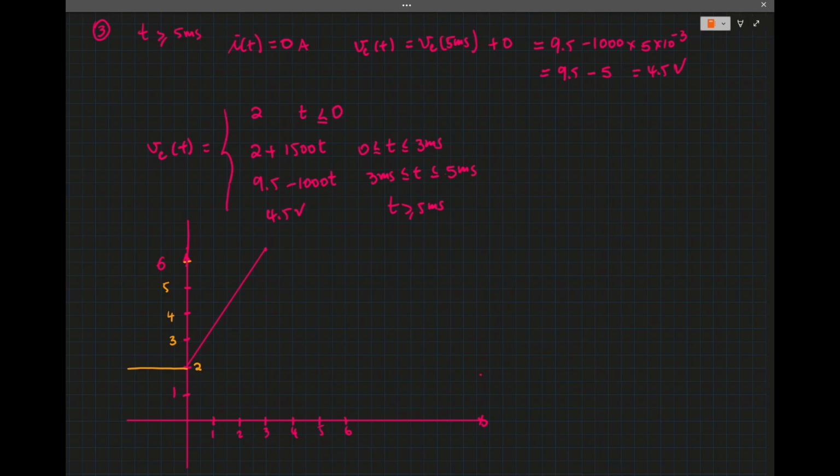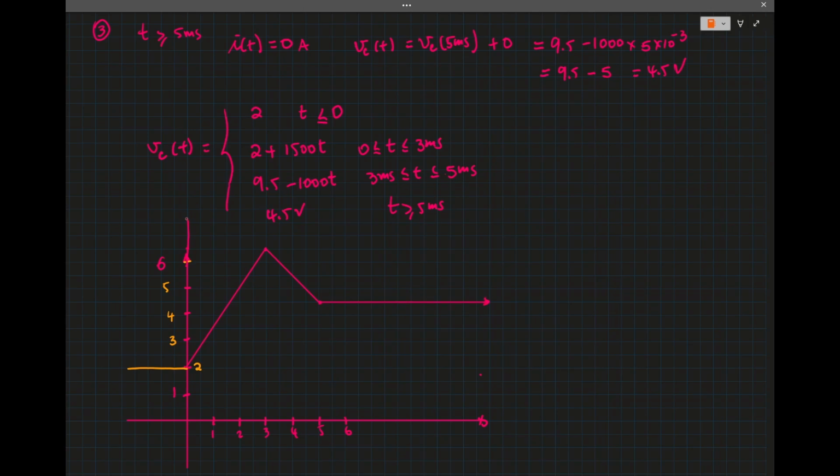And then at 5, it will come down to 4.5, and then stays there at 4.5.